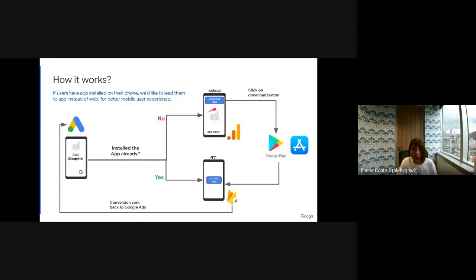And then hopefully at some point, they will click the download button, right? And then they will download the app. And once they download the app, we will also bring them back to the in-app content, and the rest is the same. So this is the ideal deep link setup that we think will benefit most of our advertisers.